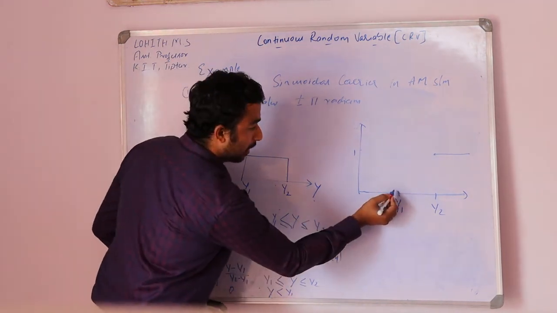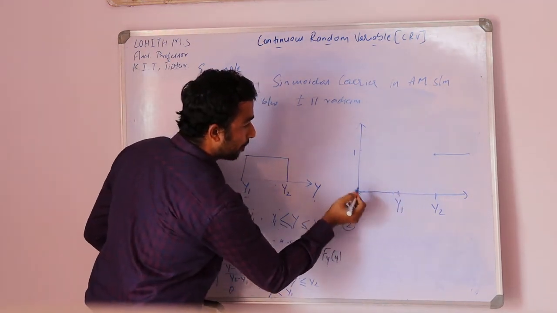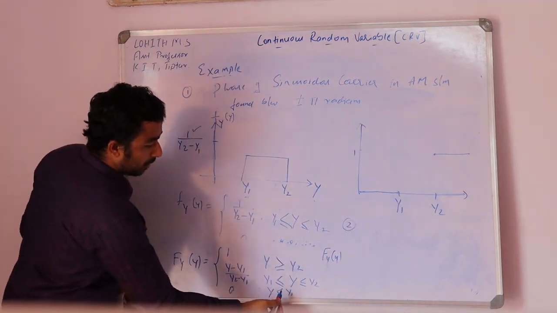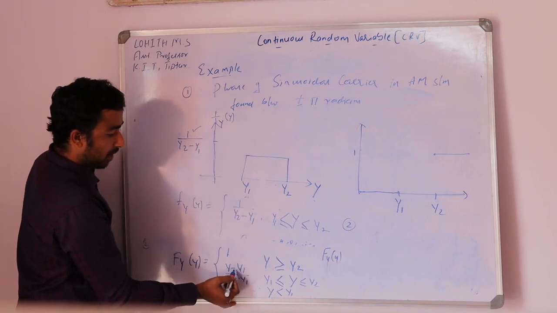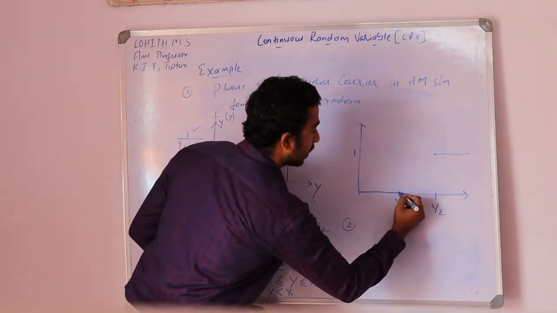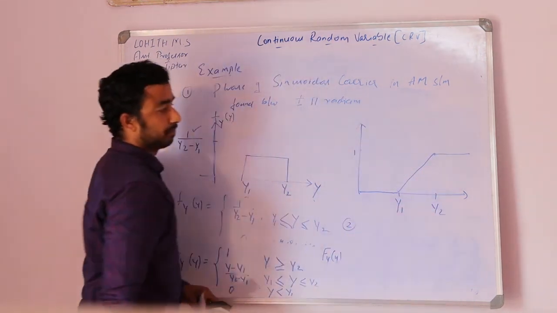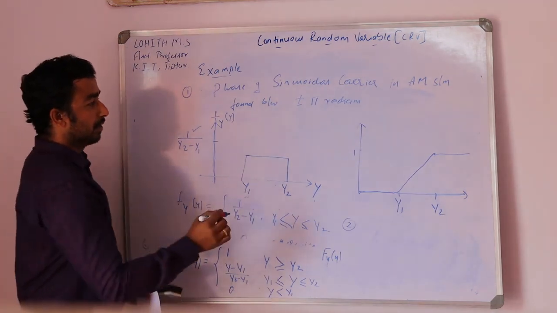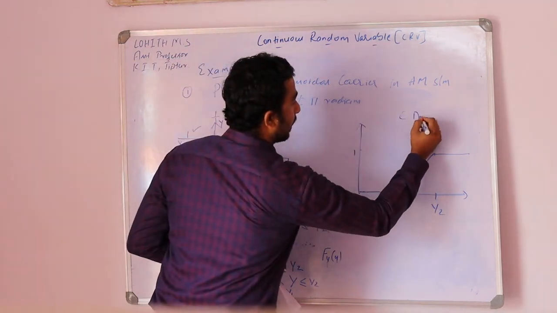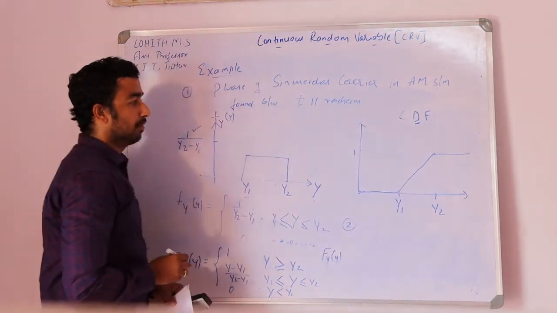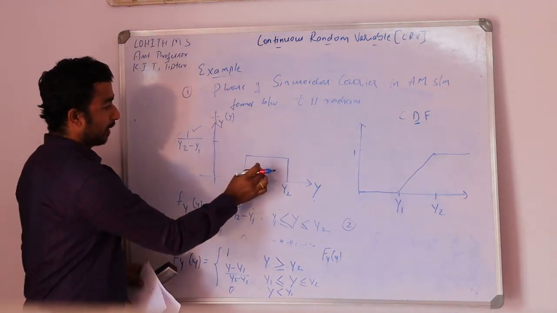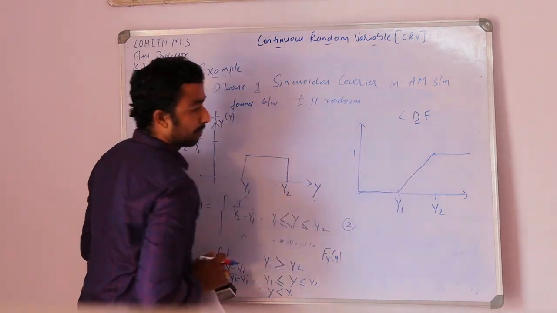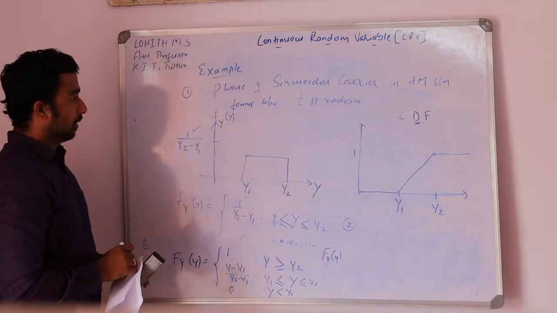Next, for y from y1 to y2 it is y minus y1 divided by y2 minus y1, and we will join this. So this is the CDF, the cumulative distribution function. Anyhow, if I integrate the unit step function, I'll get the ramp function.